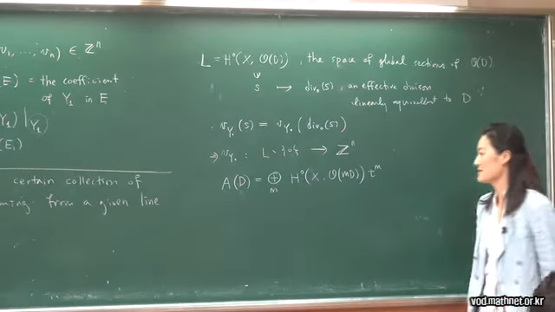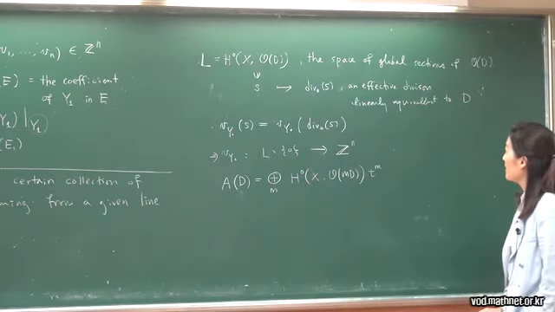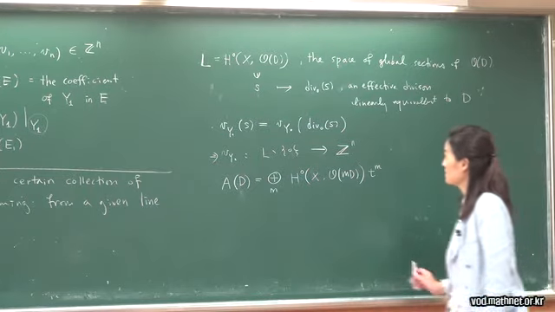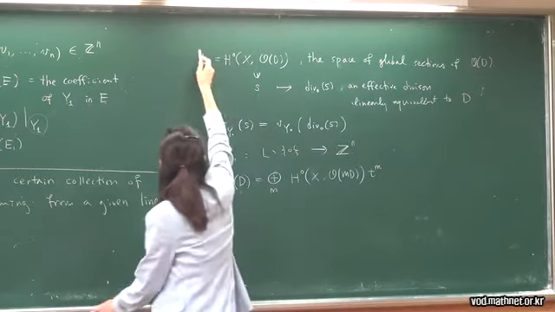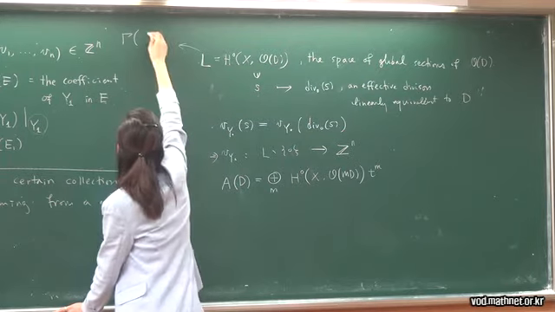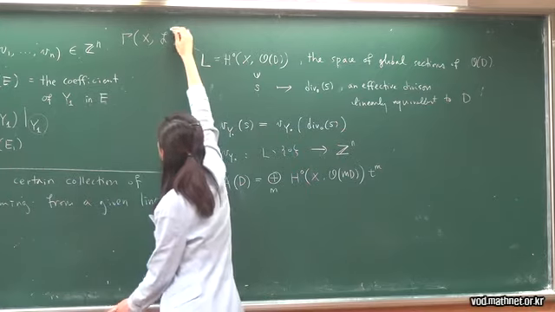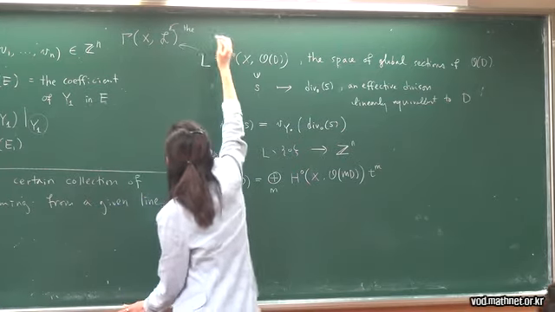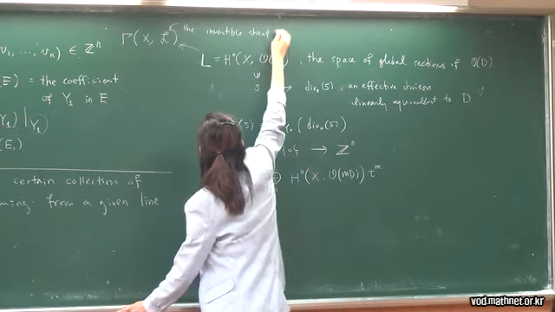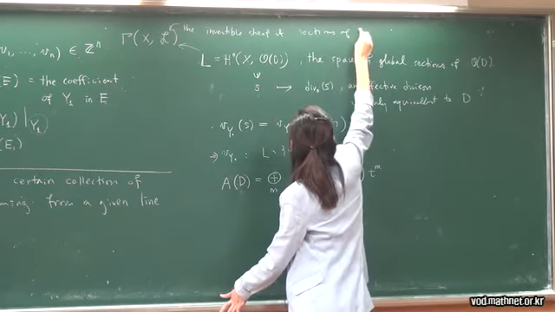To make it super precise, there is an identification from this space to this, the invertible sheaf of sections of this line bundle.